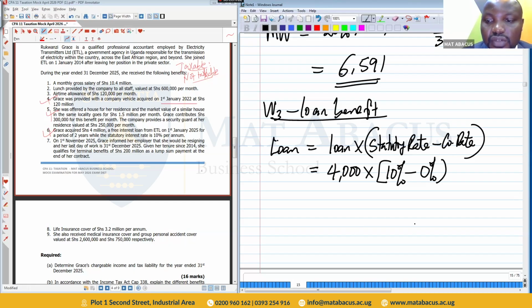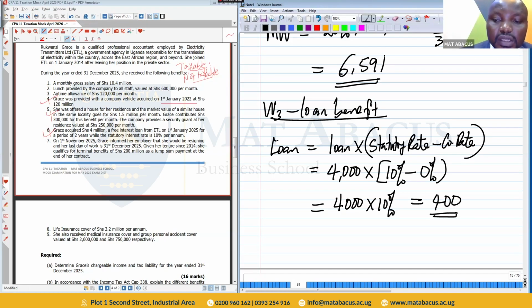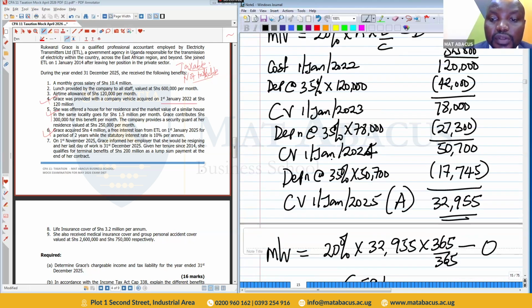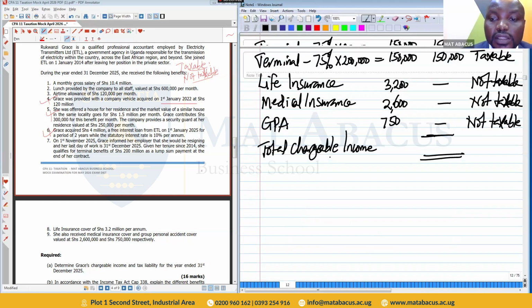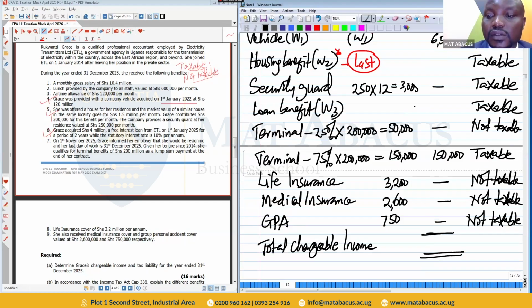And then even this one, you less the employee's contribution. So with idea, the 4,000,000 times 10%, which is 400,000 on an annual basis. Even if it's given for 2 years, we're only looking at the benefit for only 1 year. So come up here, we put 400,000 as loan benefit referencing note 3.